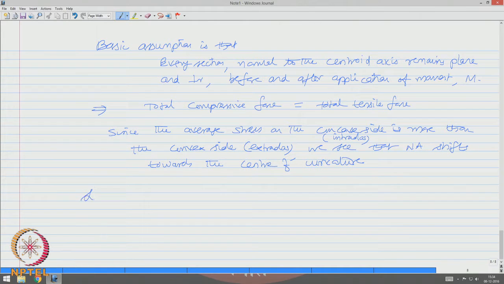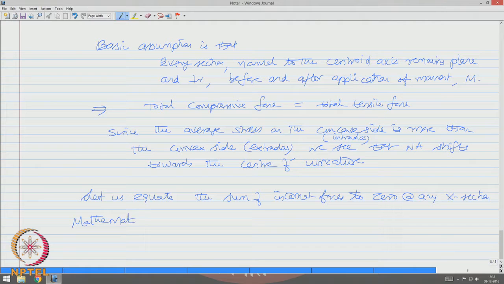Now, let us equate the sum of internal forces to 0 at any cross section. Mathematically, integral of stress dA over A should be 0.